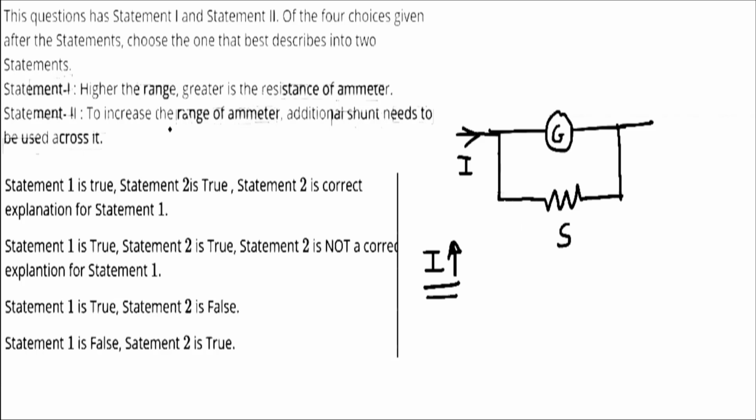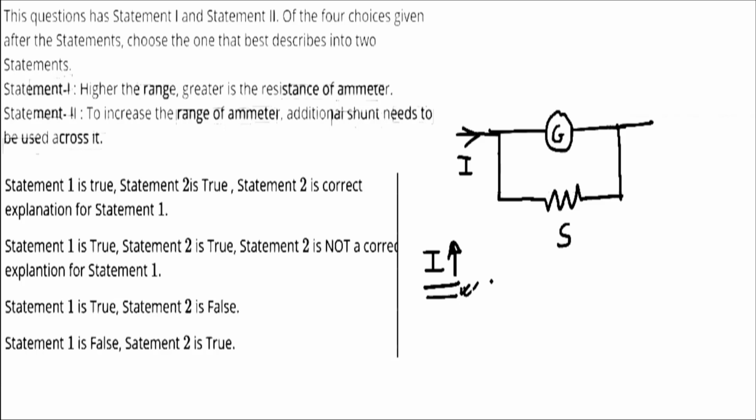First, statement 1 says higher the range, greater is the resistance of the ammeter. Higher range means the magnitude of current across the ammeter is increased.